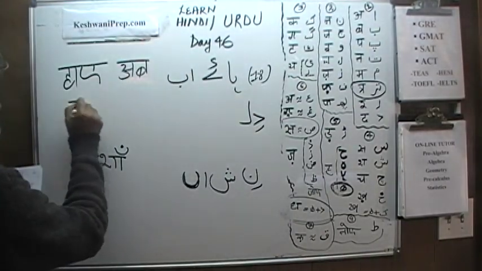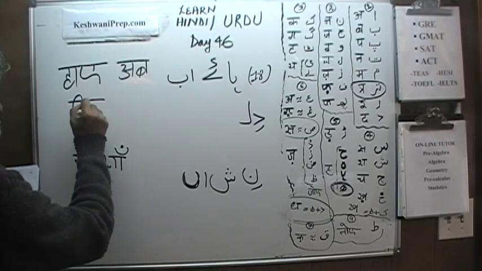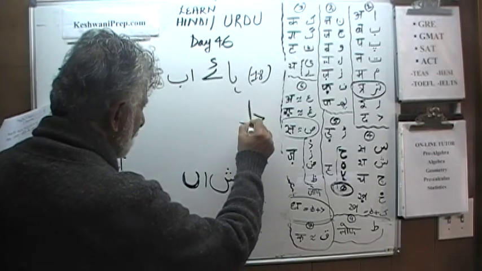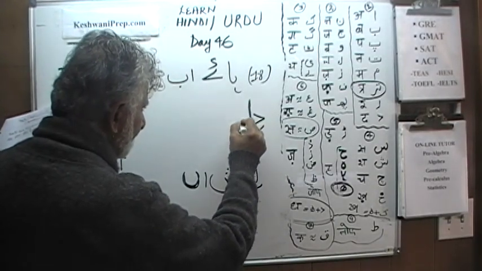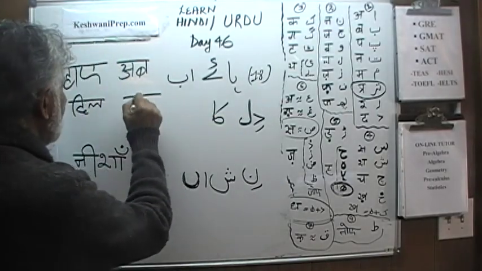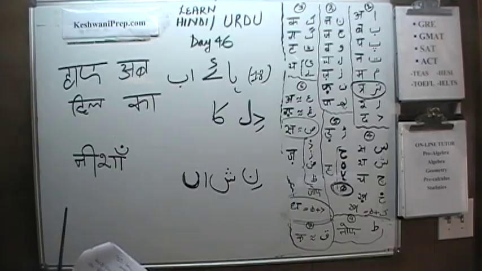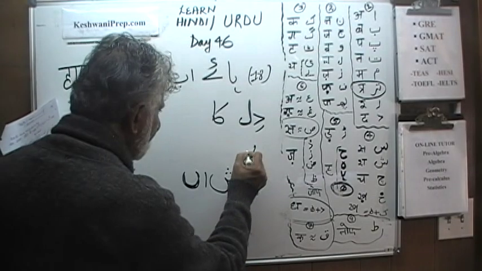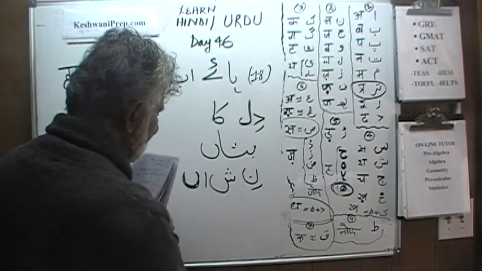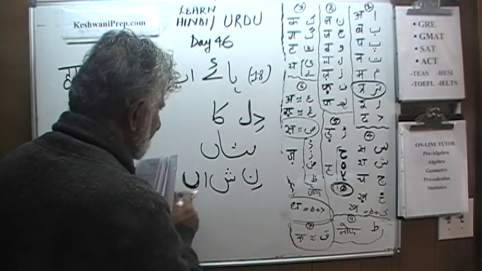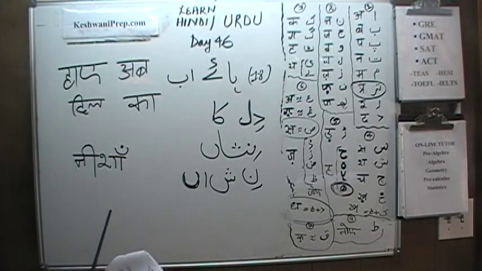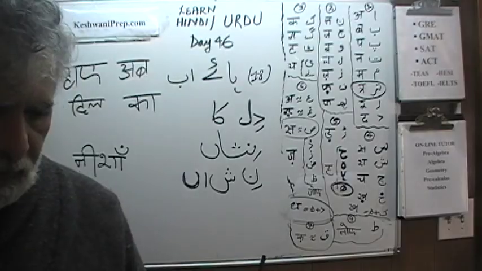Dil. The fact that it came out like this, and many times I write it like this, really doesn't matter. Dil ka nishan. Again, the same word, nishan. Oh, it's not ba, it's a no. Nishan.